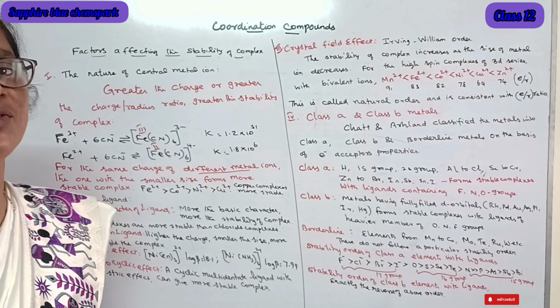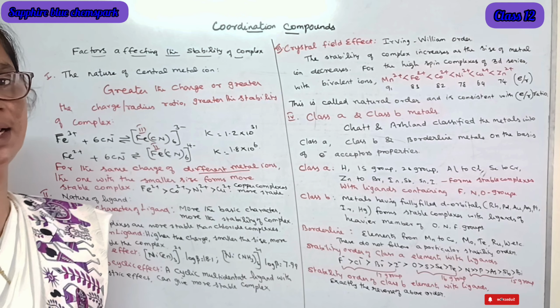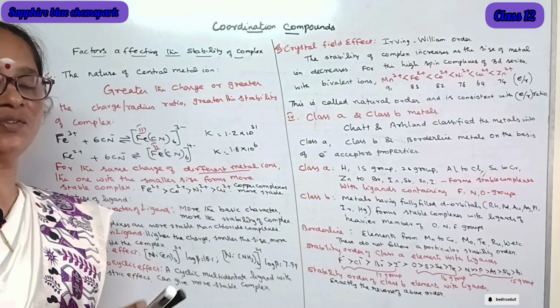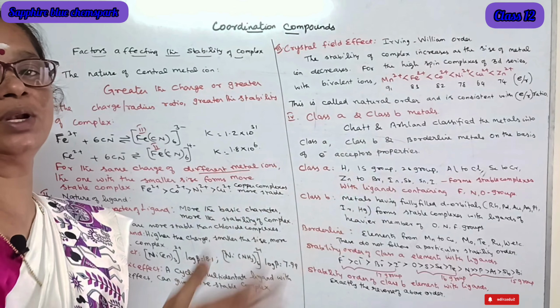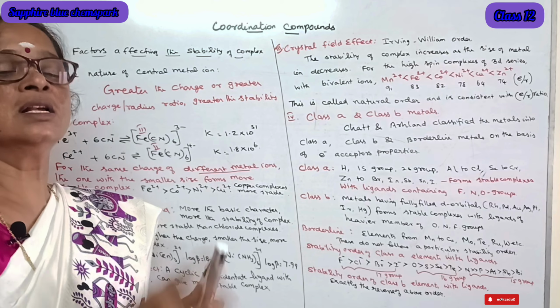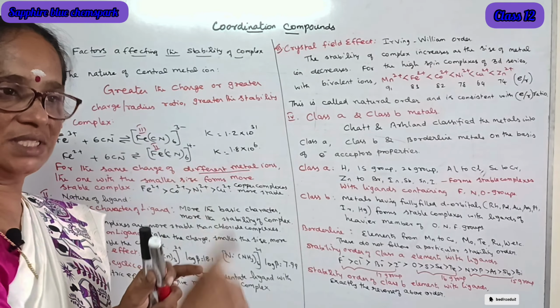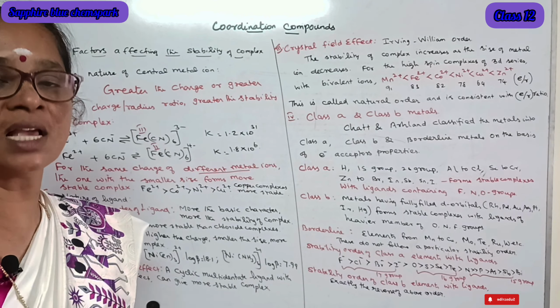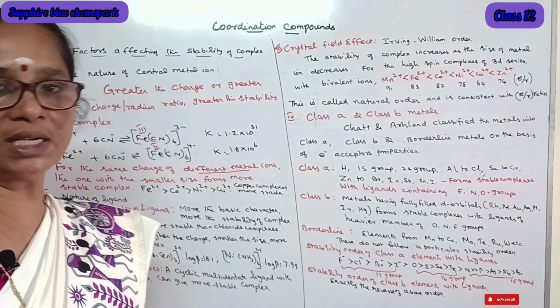The next one, suppose I have different metals but having the same charge, then how would the stability of the complex be? This depends upon the size of the metal ion. In a period we know that when the effective nuclear charge increases, the size of the ion decreases. So along the period, the metal which is at the end of the series will form more stable complexes because of its very small size.